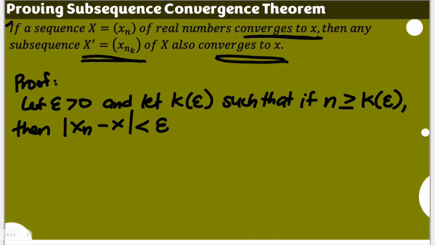This statement follows the condition where our sequence x sub n converges to x. Take note that this is our sequence, this is our limit, and if the absolute value of the difference is less than epsilon, then the limit of your sequence is this.